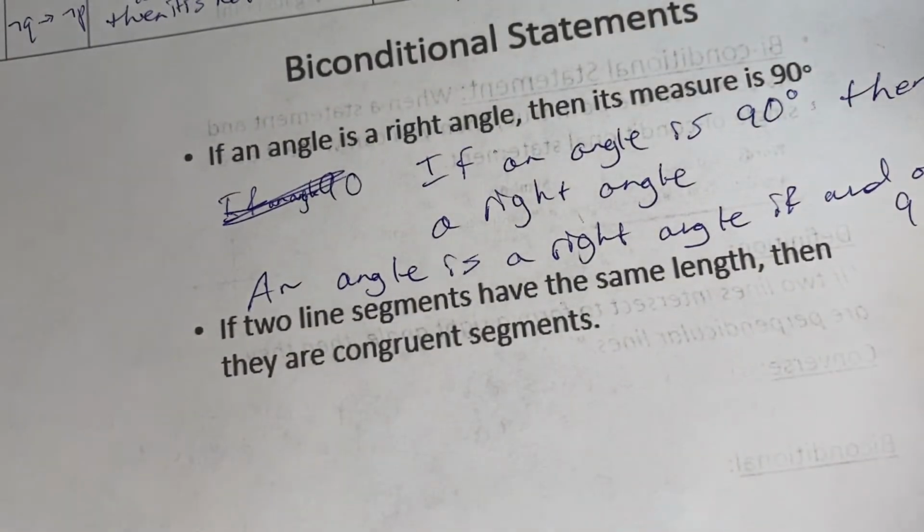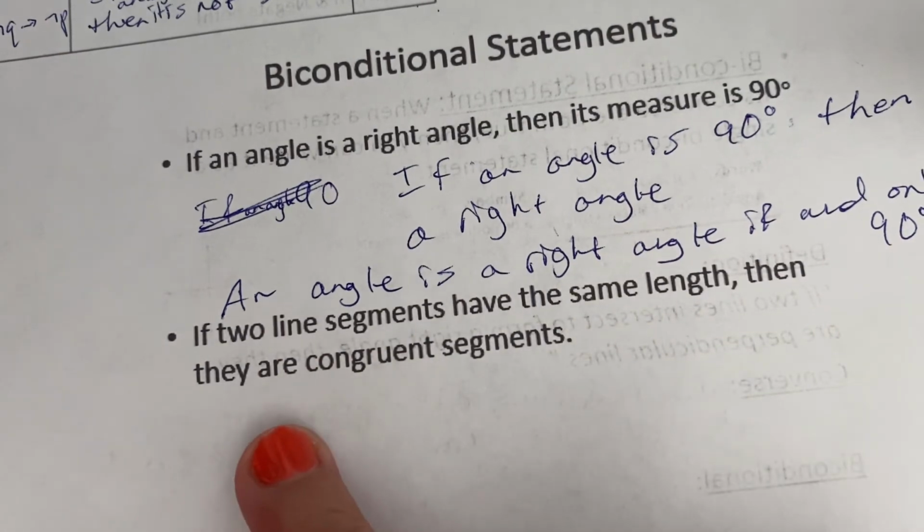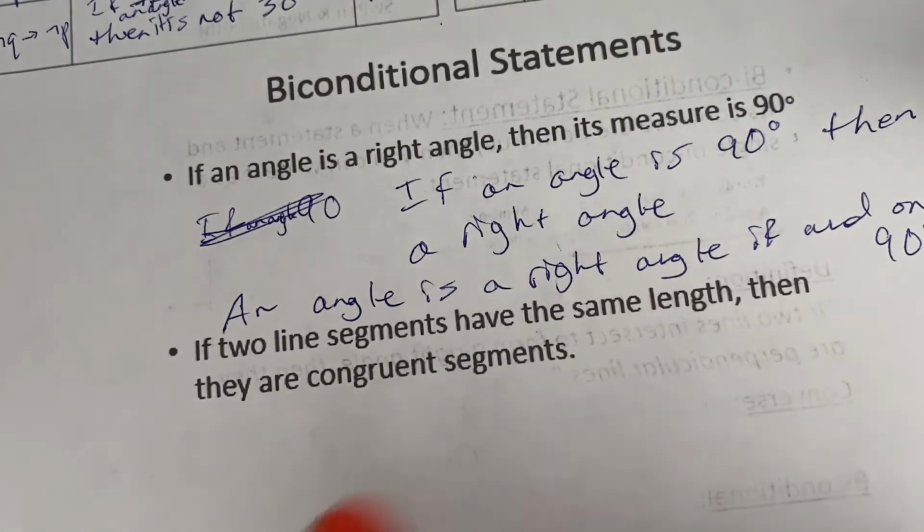Same thing here. It's kind of telling me these are biconditional, but again, we'd think it in our head: if two line segments are congruent segments, then they're the same length. That's also true.